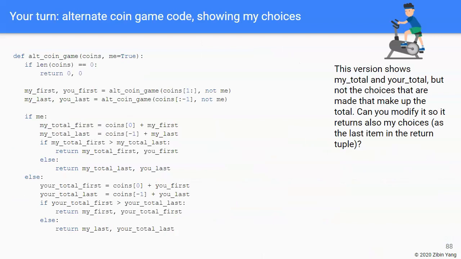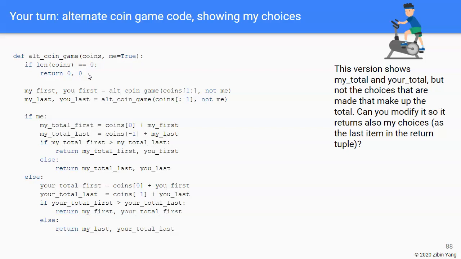And a coding exercise that I would like you to try: notice our version of this function returns just the total, my total and your total. It doesn't tell us how we arrive at my total, for example how I can actually win the game. It just gives us one number at the end, right? So I would like you to see how we can modify this code so that we can return the choices that I make along the way to arrive at the final total.